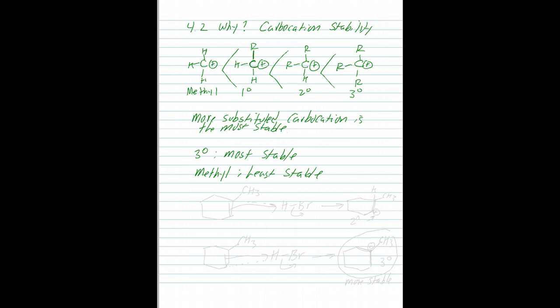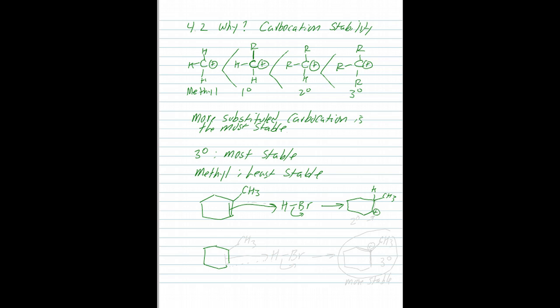So, going back to our example, you always have to look at the mechanism. When my pi bond grabs the hydrogen, it can go in 2 spots. Let's say the hydrogen goes to where the methyl is. We form a carbocation at that carbon.